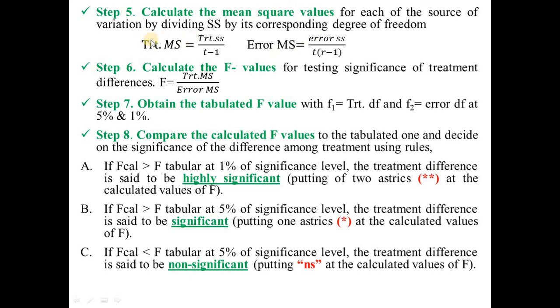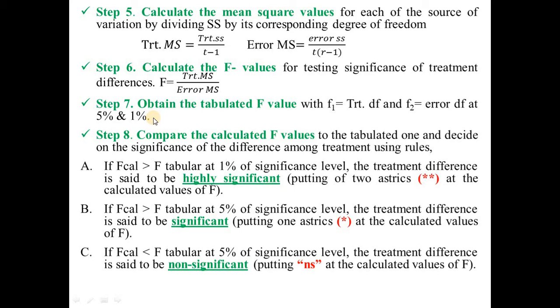So by dividing this value by this value, we can obtain the F calculated value. Then the next step is obtaining the tabular F value, or F tab value, using the treatment degree of freedom as numerator and error degree of freedom as denominator at the 5 and 1% significance levels.